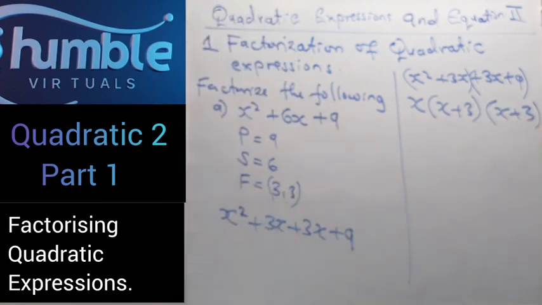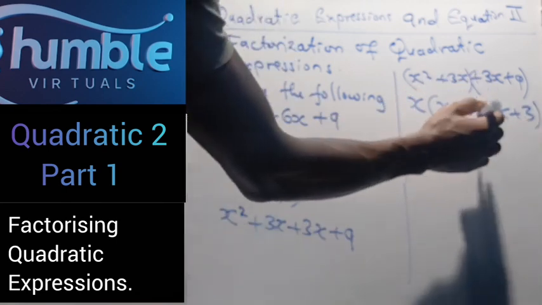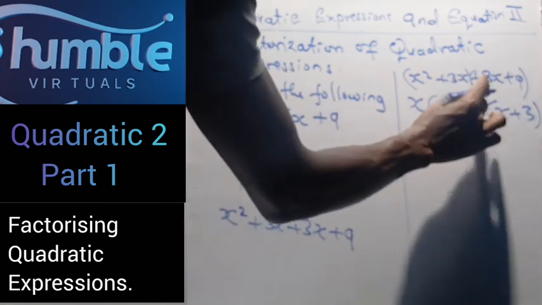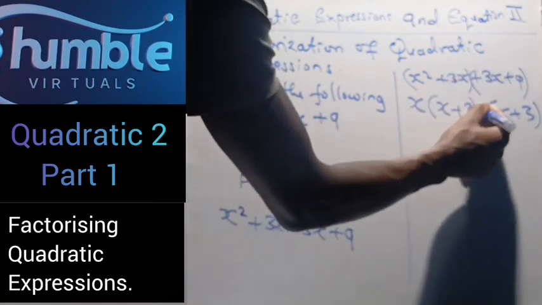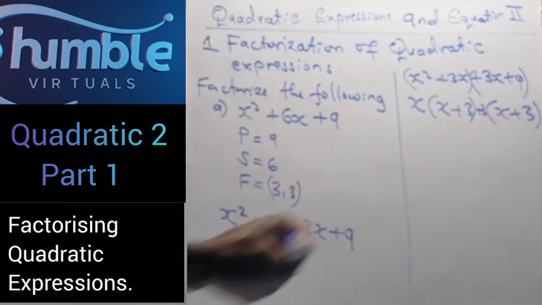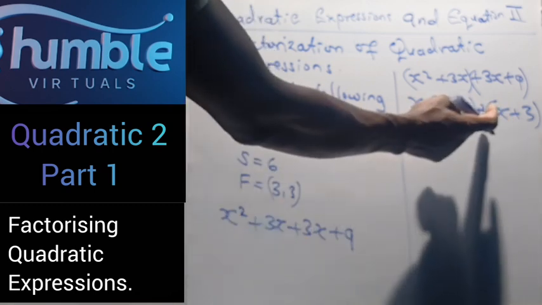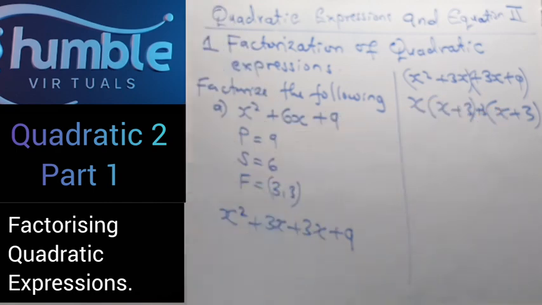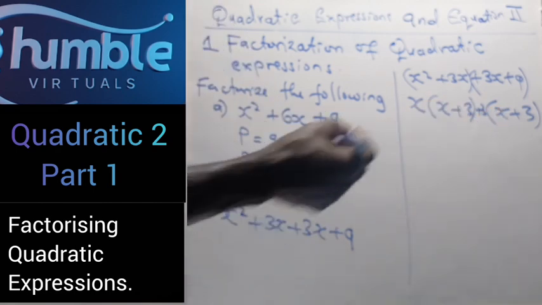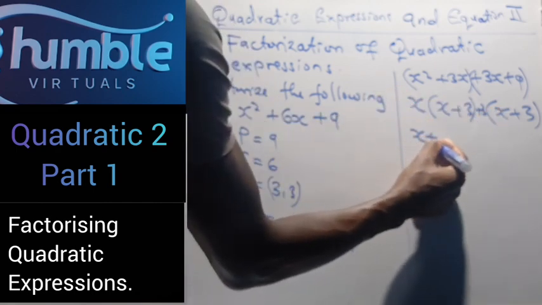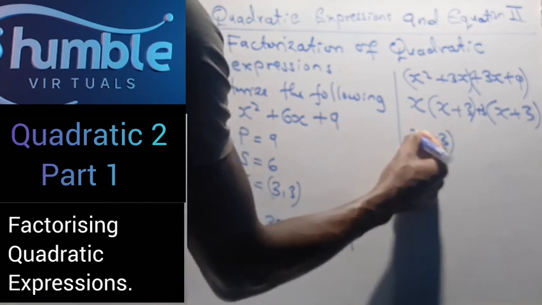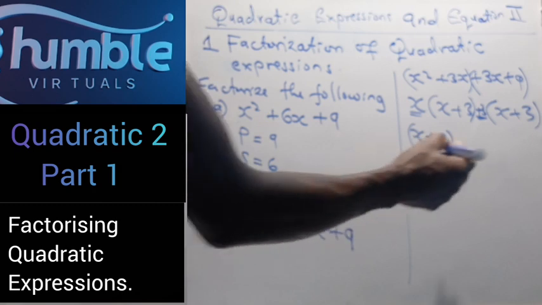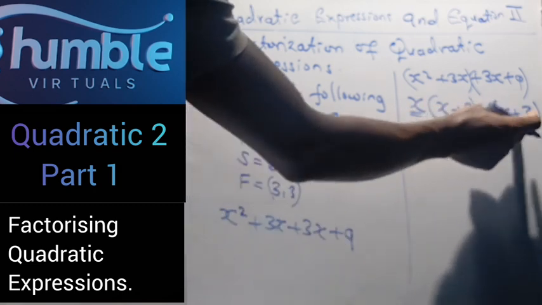And then we look for a common term between 3x and 9. The common term in this case is positive 3. So that when you open this bracket, you have 3x plus 9. So now put what is outside the bracket together. We shall have x plus 3, and positive 3, multiplied by one of the brackets.